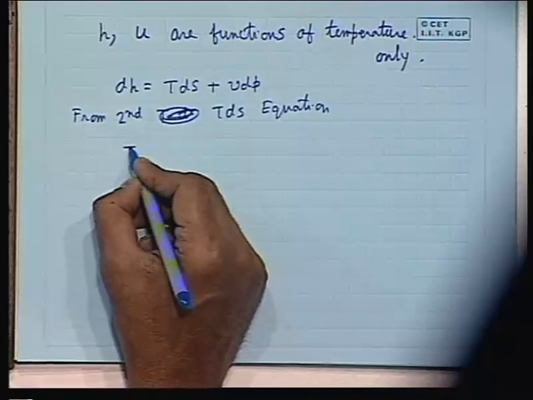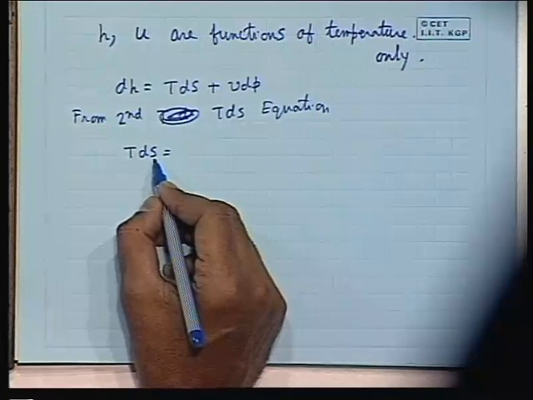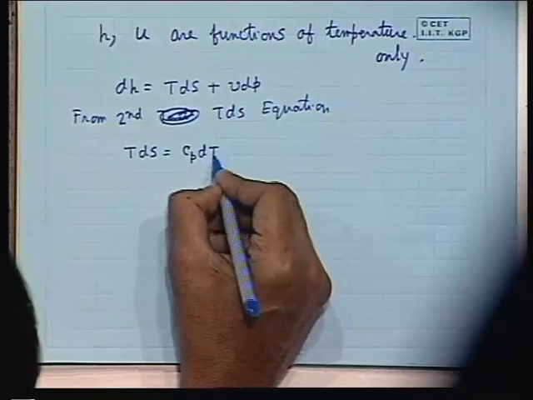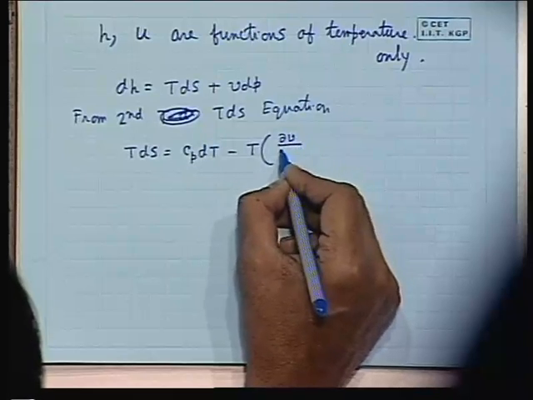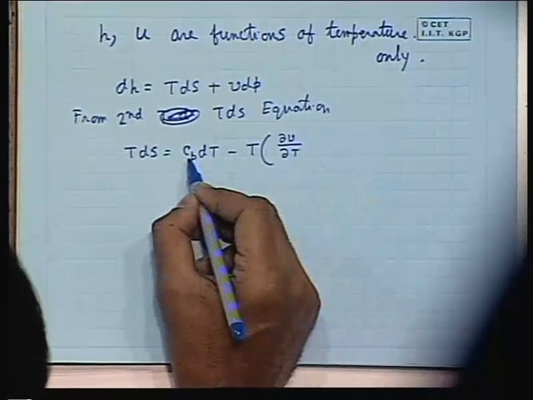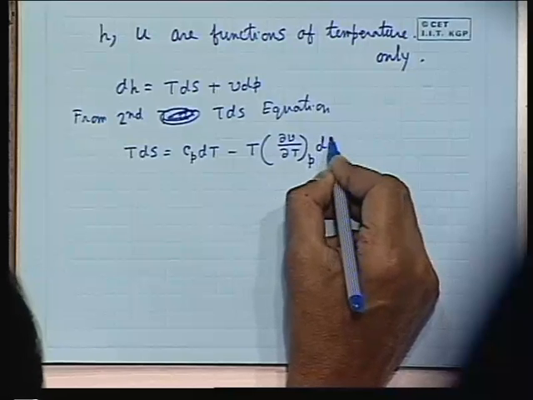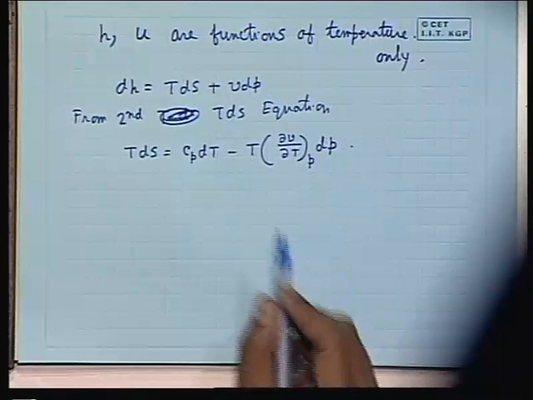If you recollect the second TdS equation, I am writing in terms of the specific entropy. So it will be Cp dT minus T into (del V del T) at constant pressure dP. This is the specific volume, Cp is specific at constant pressure. This is the second TdS equation, one of the very important relations.